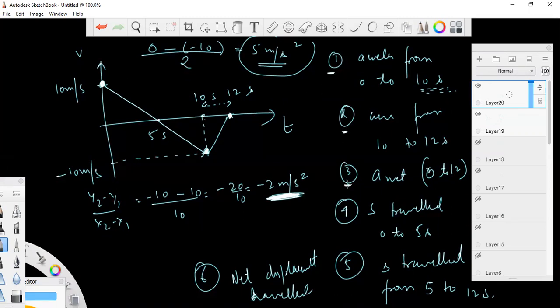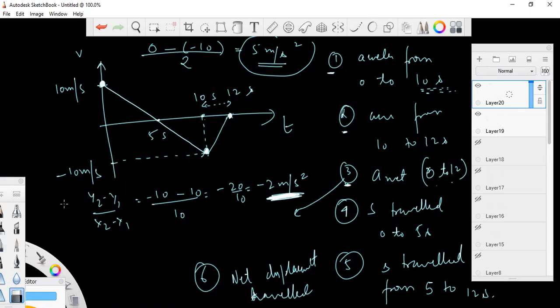The net acceleration from 0 to 12, like average velocity and average speed, you have A net. A net will be what? The total change in velocity by the time, like you had total displacement by total time, right? So the average acceleration will be, basically this question should have been average acceleration from 0 to 12.